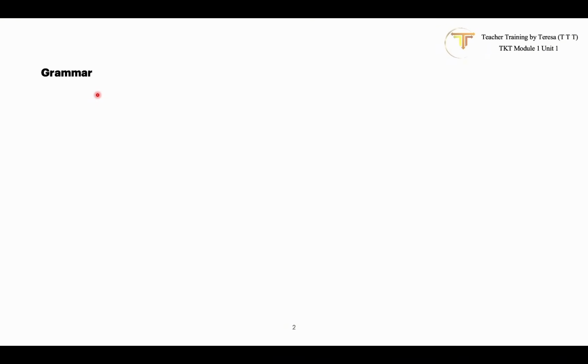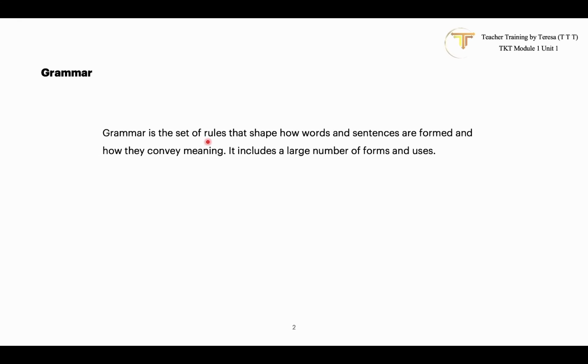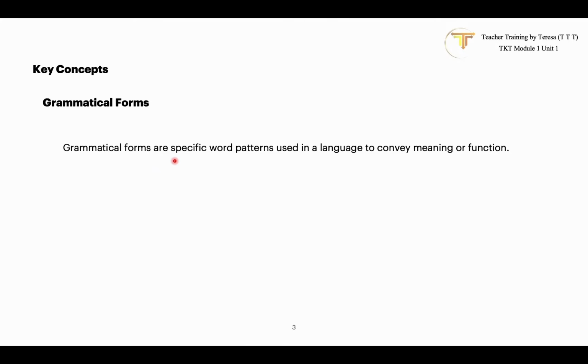Grammar. Grammar is the set of rules that shape how words and sentences are formed and how they convey meaning. It includes a large number of forms and uses. Key concepts. Grammatical forms. Grammatical forms are specific word patterns used in a language to convey meaning or function.